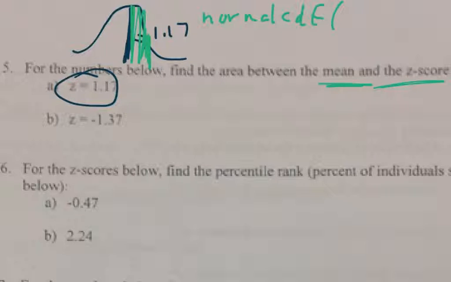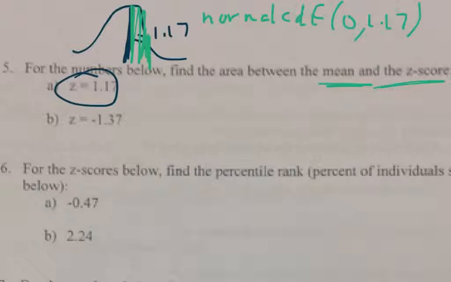Now, what is the mean, guys? The mean value, if I'm in the middle, is 0. Because 0 standard deviations above or below means I'm at the mean, right? So I'm going to go 0 to 1.17. So pause the video, guys, and do normal CDF from 0 to 1.17.